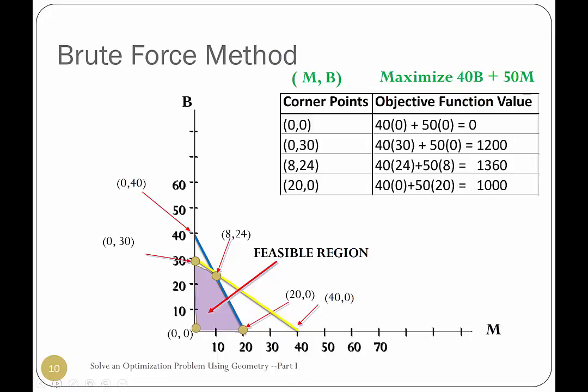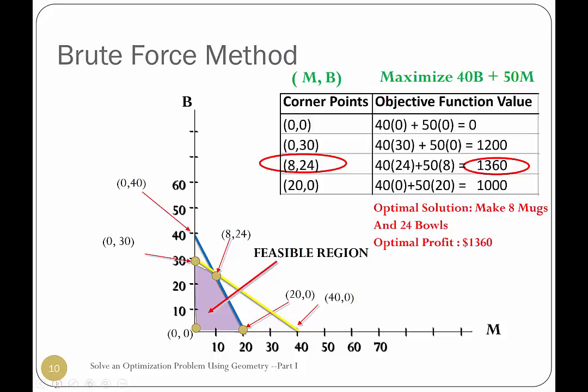So we need to pick the point that gives us the highest profit, since we are maximizing the objective function. That point in our case is 8, 24. So the optimal solution is to make 8 mugs and 24 bowls, which can help us achieve the profit of 1360.